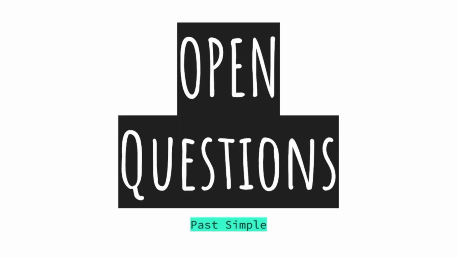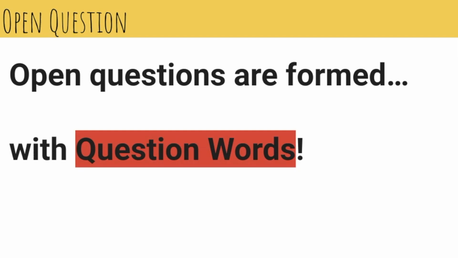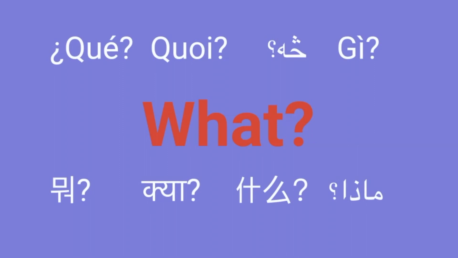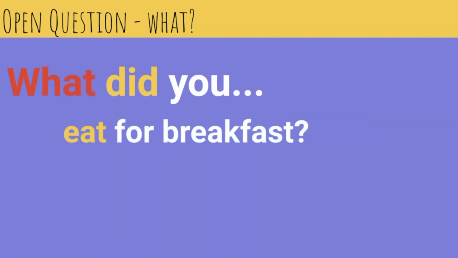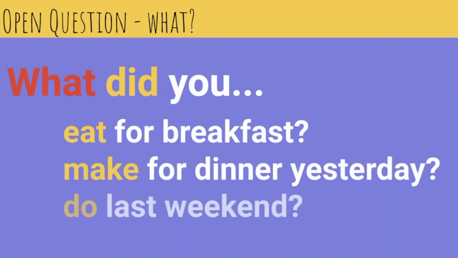Open questions. Past simple. Open questions are formed with question words. What? What did you eat for breakfast? What did you make for dinner yesterday? What did you do last weekend?